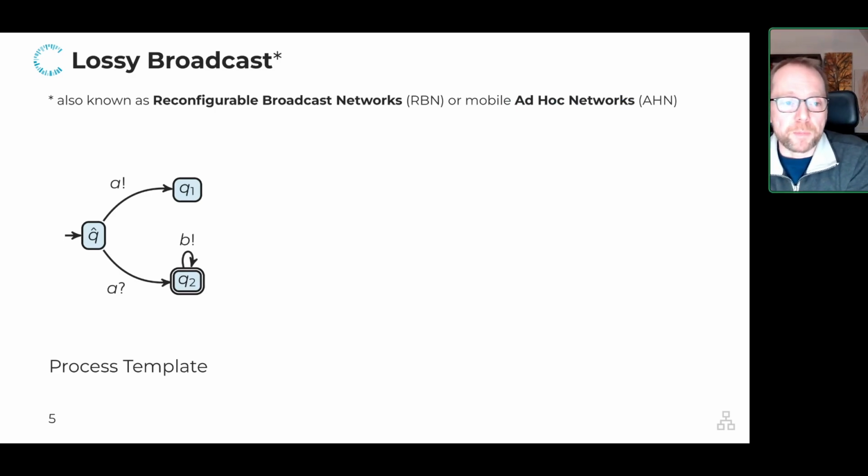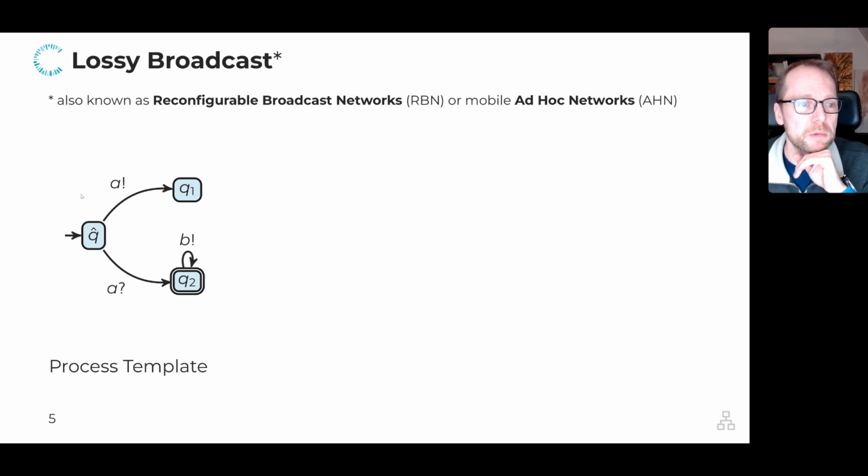All right, so the first model that has been studied in the literature before is lossy broadcast, also known as reconfigurable broadcast networks or mobile ad hoc networks. These are all essentially the same thing. What does it mean?